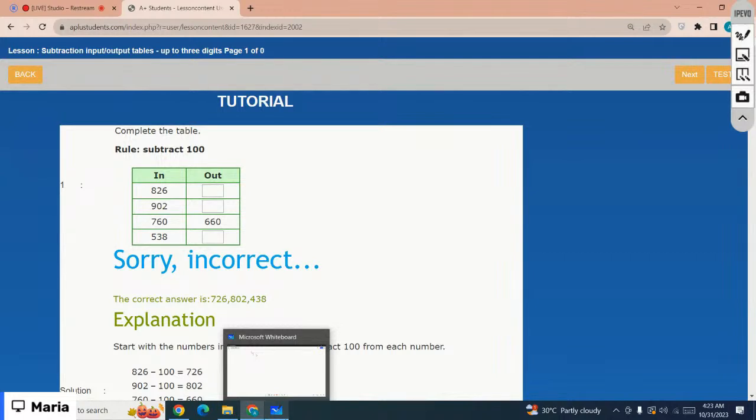Then 902 minus 100 equals 802. Then 530 minus 100 is 430. Let's just start with the test questions.